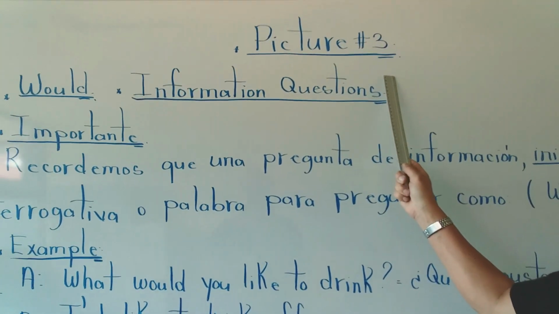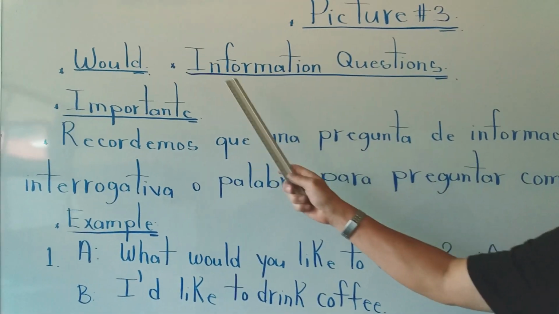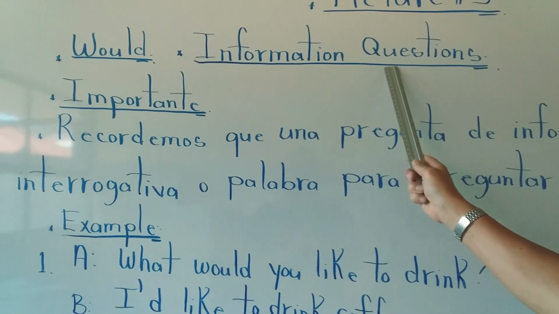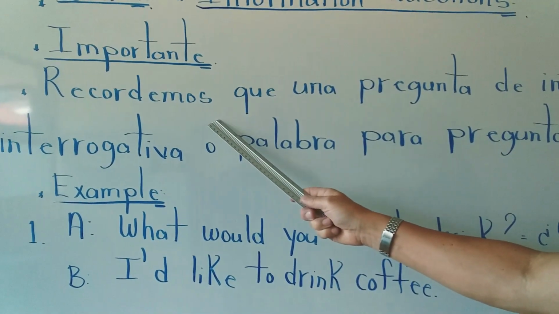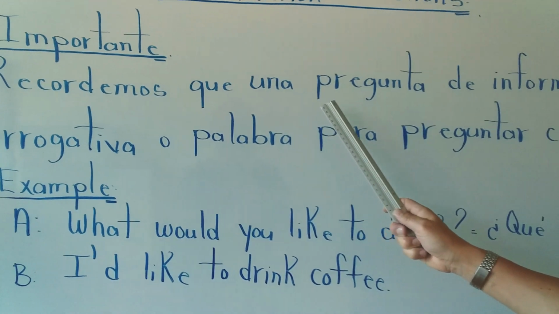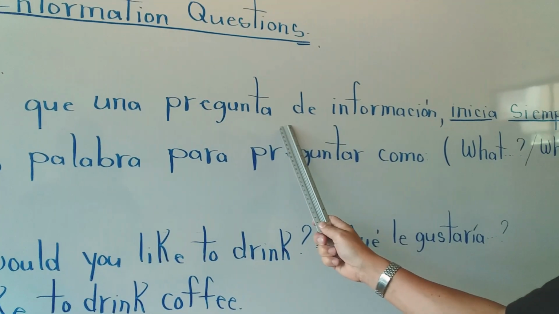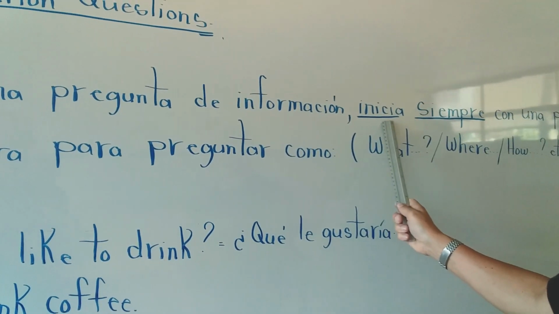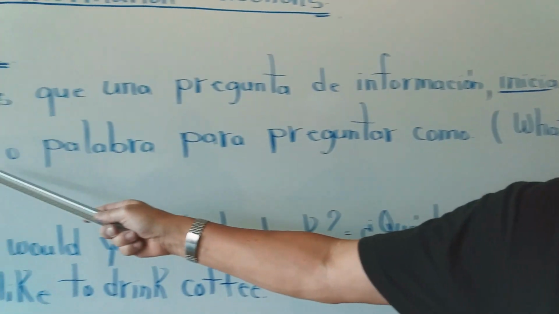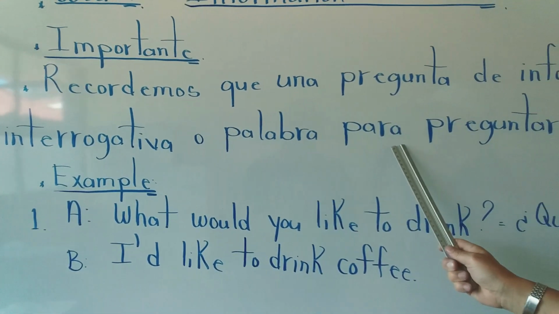Picture number 3. Would. Information questions. Important. Let's remember that an information question always begins with an interrogative word or question word.